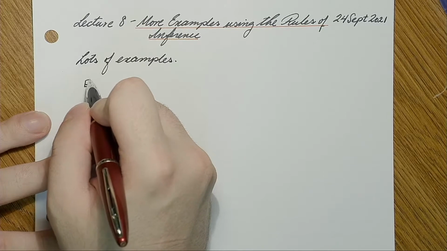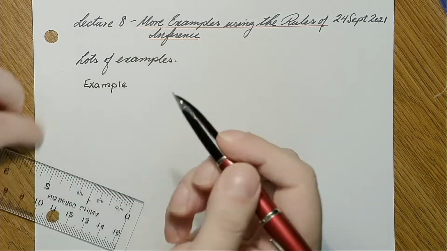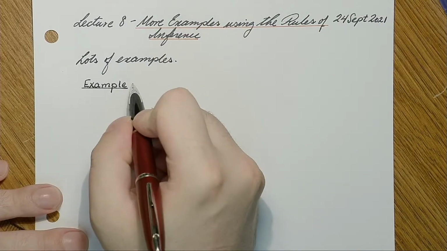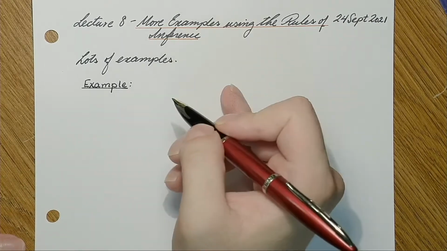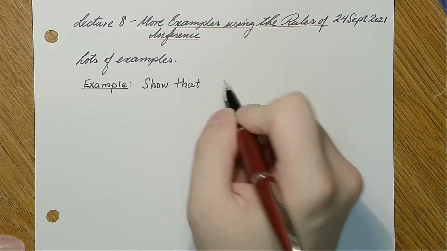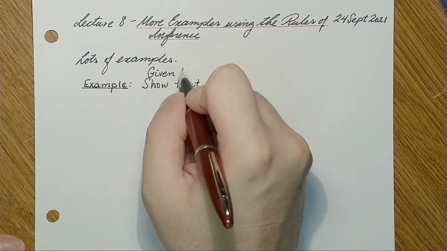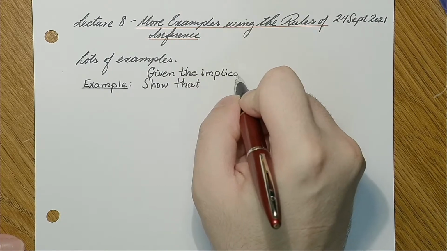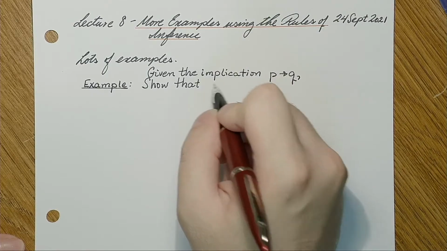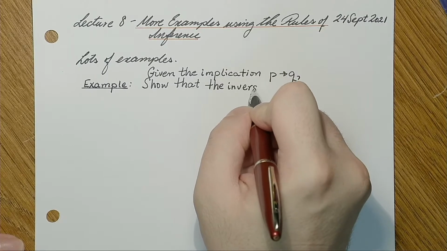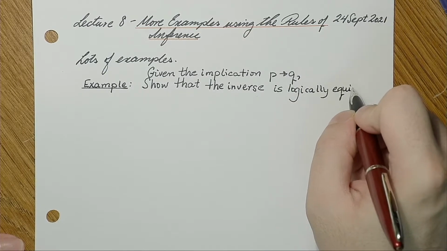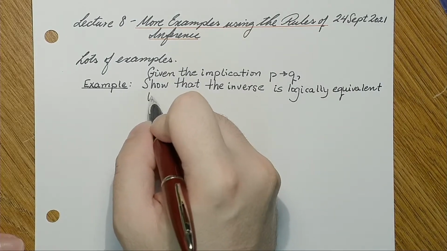Okay, so the first example. Given the implication P implies Q, let's show that the inverse is logically equivalent to the converse.